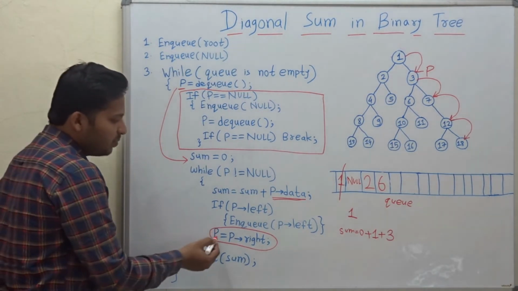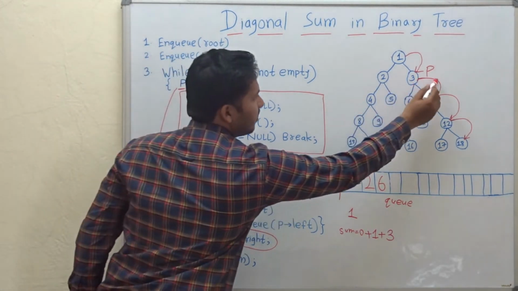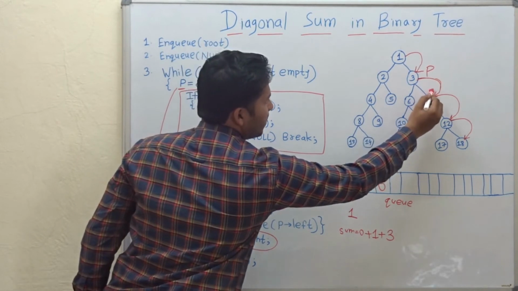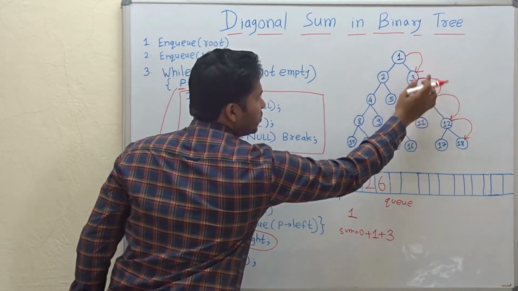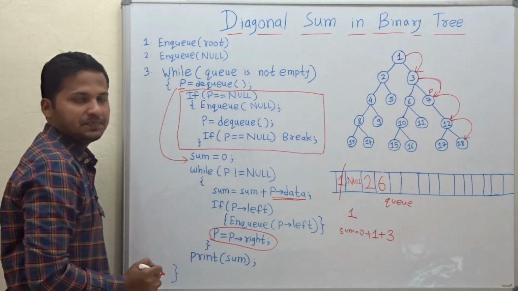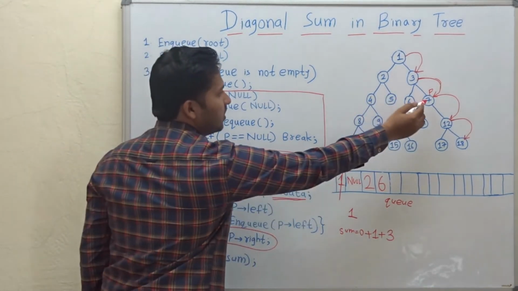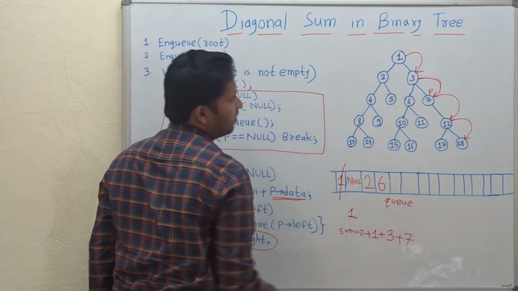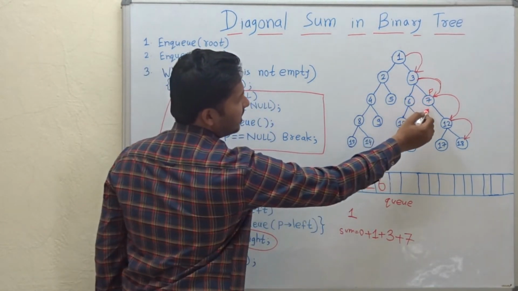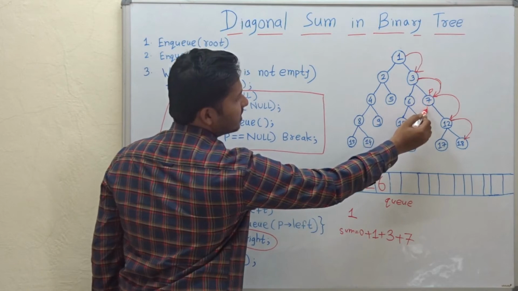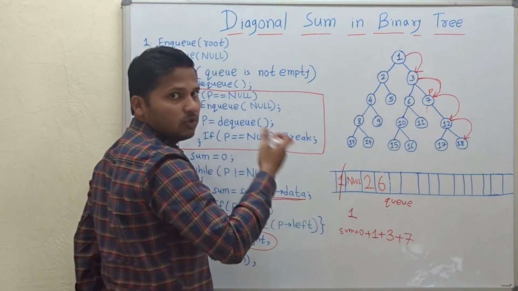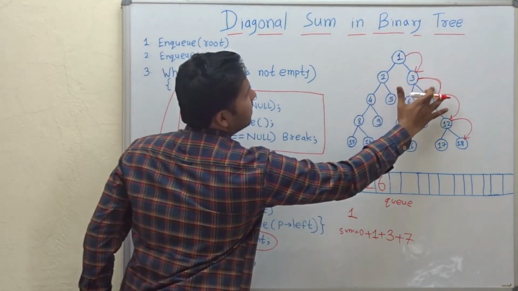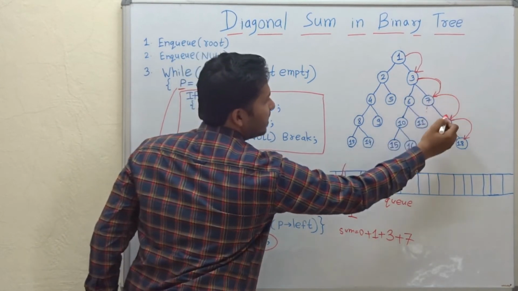Yes, and P is equal to P points right. So jump to the right. Now P will point to 7. We have jumped to the right. Yes, now add 7 to the sum and check whether it has a left child. No, it doesn't have left child. So no need to enqueue anything and directly move to the right child.